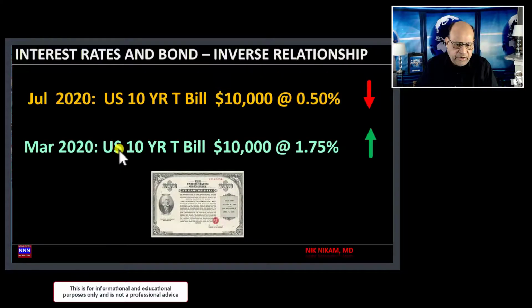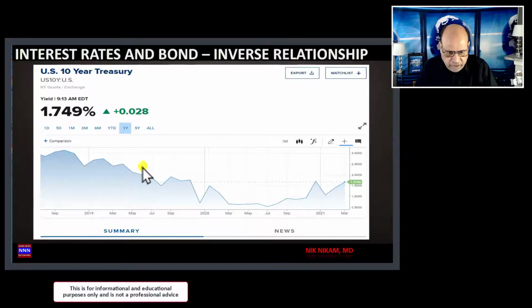Let's go back to the chart again. As the interest rates were dropping, now people were getting a higher rate for the same $10,000 treasury bill compared to when they were here or back here in July. So the bond prices went up.